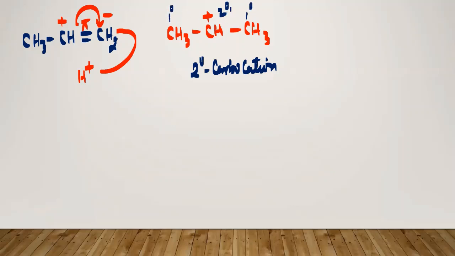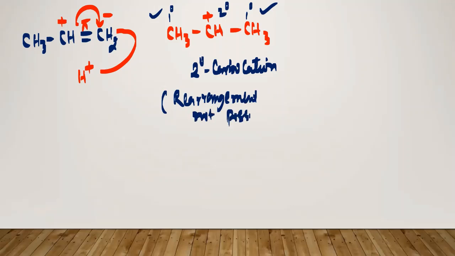So obviously there is nothing like 3 degree carbon. If there is a 3 degree carbon adjacent to the 2 degree carbon, then rearrangement will happen. But in this molecule, we have only 1 degree and 1 degree carbon adjacent to the 2 degree carbon. So obviously rearrangement of carbocation is not possible.